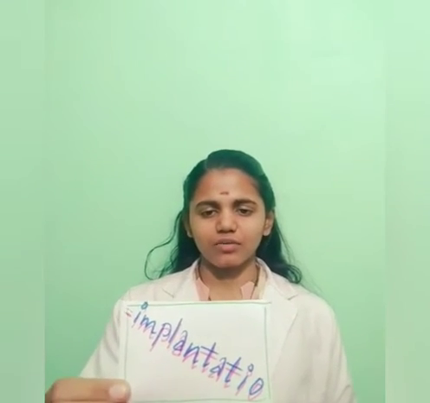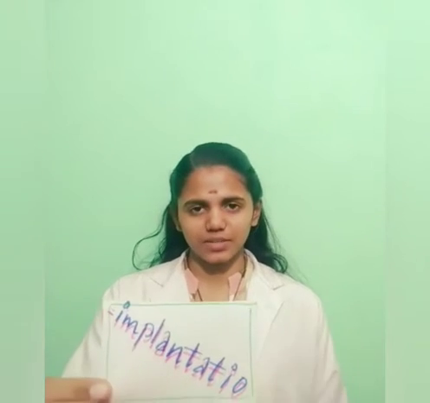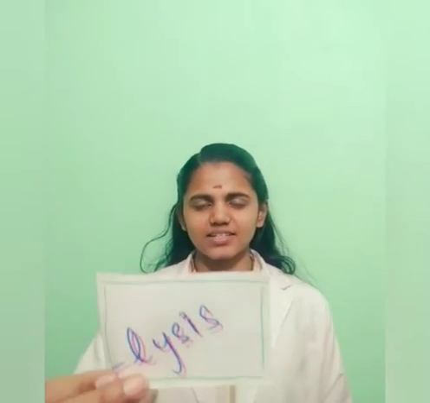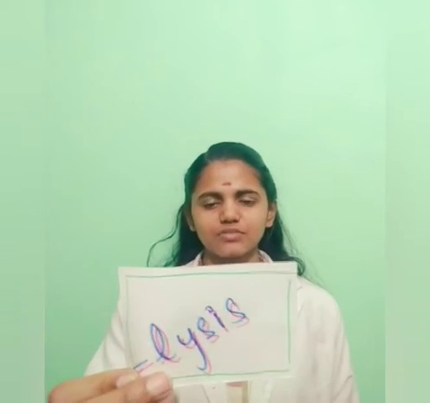Implantatio. It is introduction of a tissue or structure into another with the aim of improving the function of the body. Lysis. It is a surgical freeing of a tissue from adhesion. Pexia.